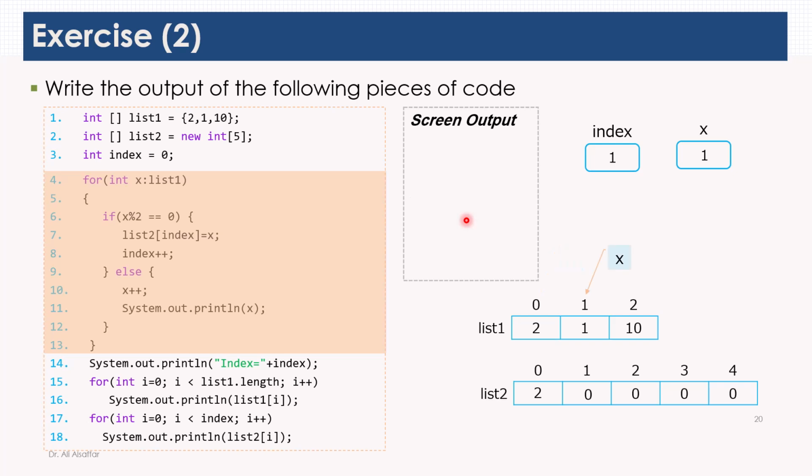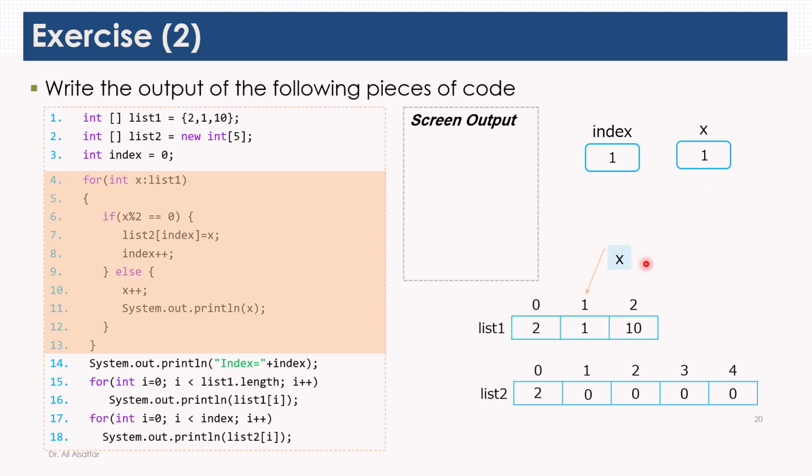In the next iteration, the value of x will be equal to 1, which is the next element in the array. And we need to test in line 6 whether it is even or odd. And since it is not even, then we will go to the else statement at line 9, and line 10 will be executed. In line 10, we are increasing the value of x by 1. See, the value of x is 1. And also, it represents the second element of the array, which is equal to 1.